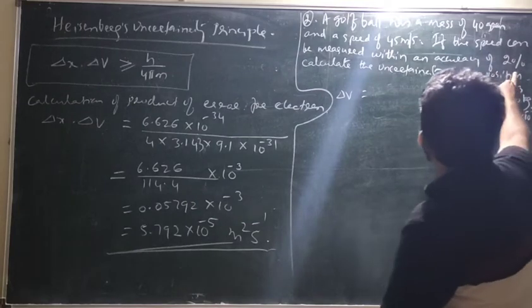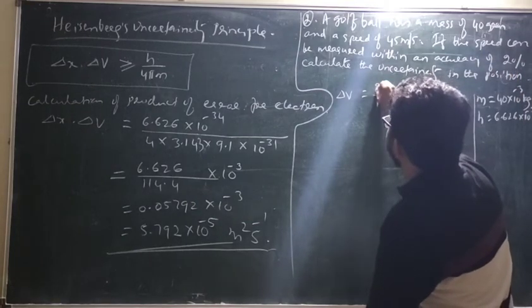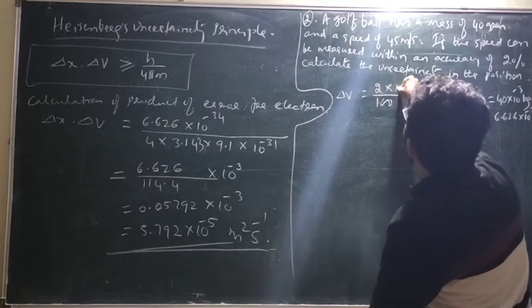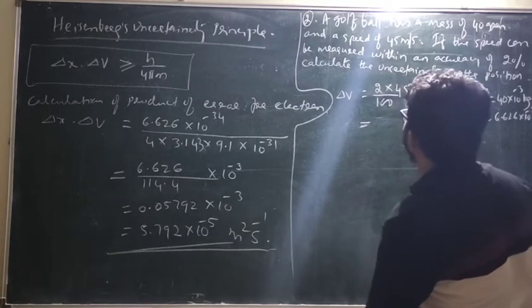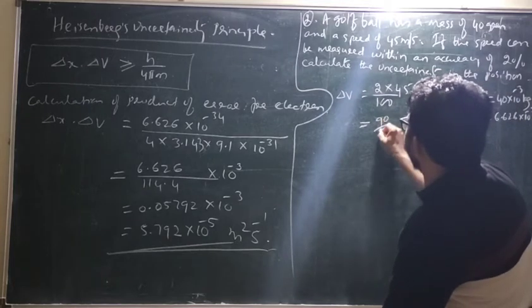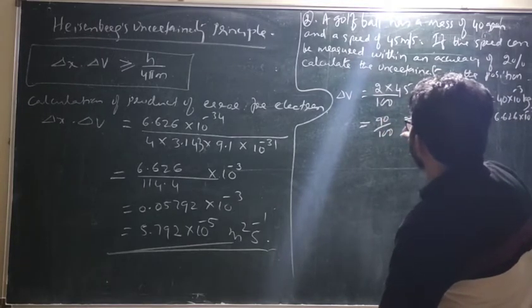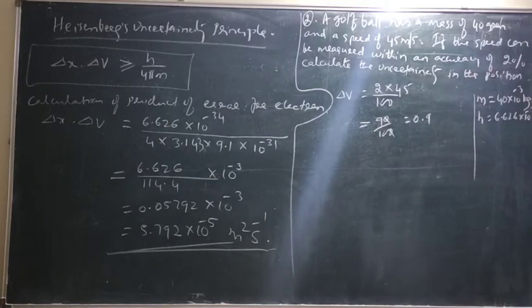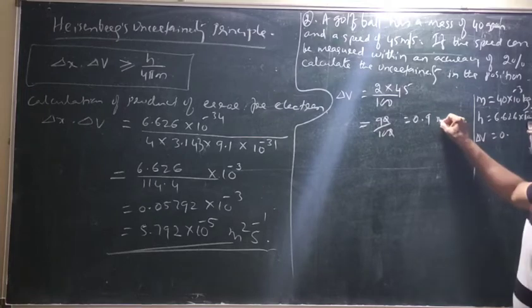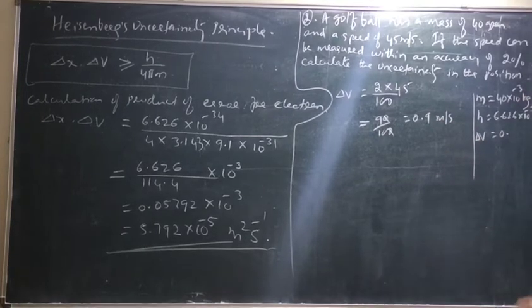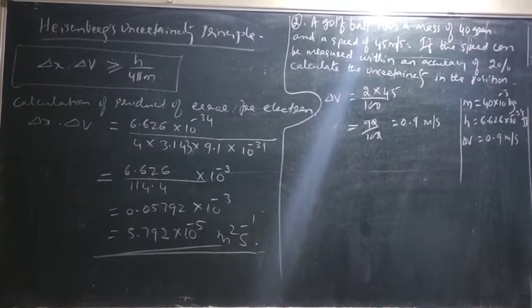So within an accuracy of 2%, for 100 it is 2, therefore for 45 how much? This is 90 by 100, that means 0.9. Because 45 meter per second is the velocity, the error in velocity delta v is 0.9 meter per second.